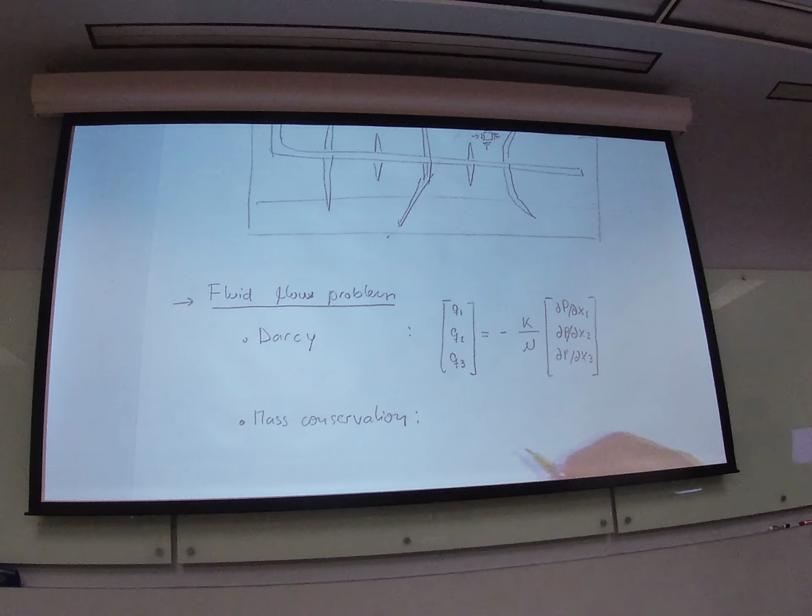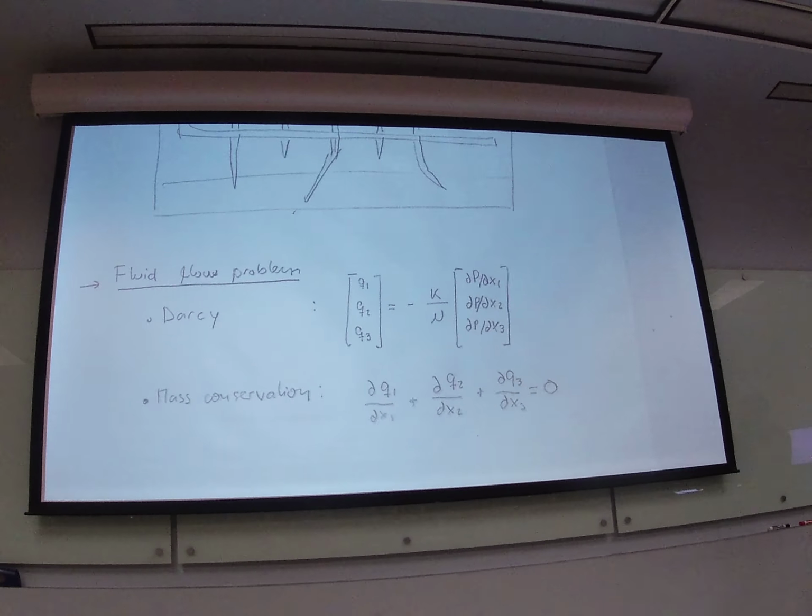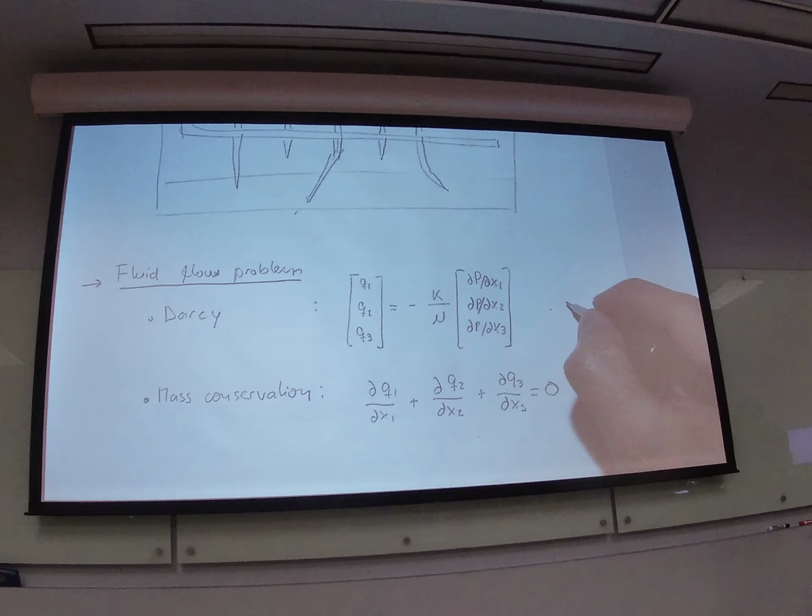So with Darcy, then you get what your flux is, and it goes from high pressure to low pressure zones. And mass conservation tells you that the variation of these fluxes in space, or the summation of these variations of these fluxes in space, has to be equal to 0. Darcy's law, very simple, right? You have a piece of rock, Q is proportional to K and the difference in pressure.